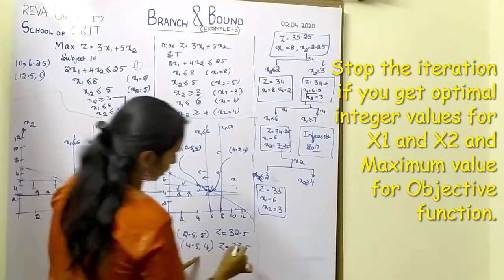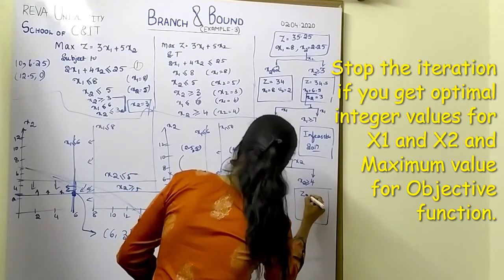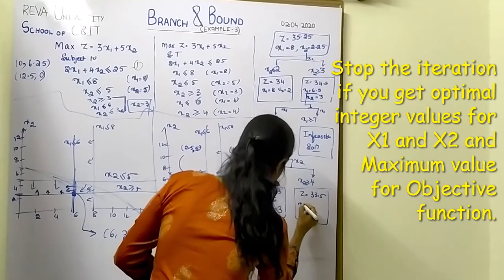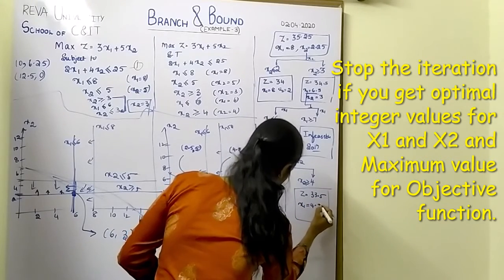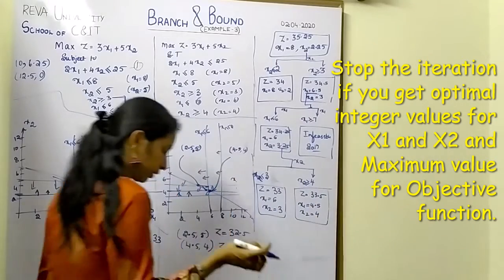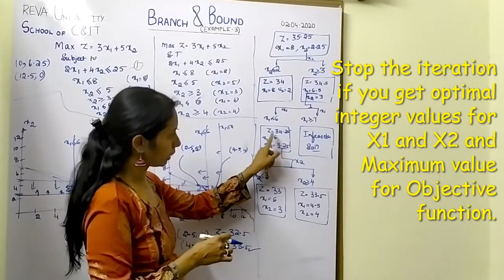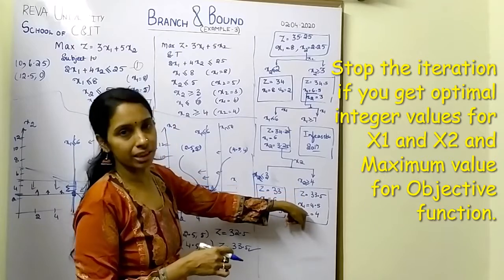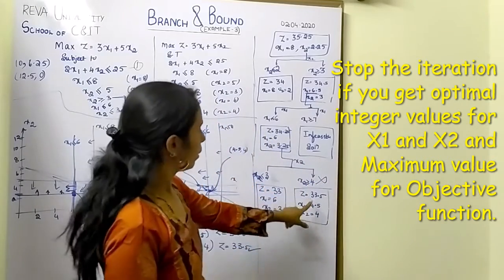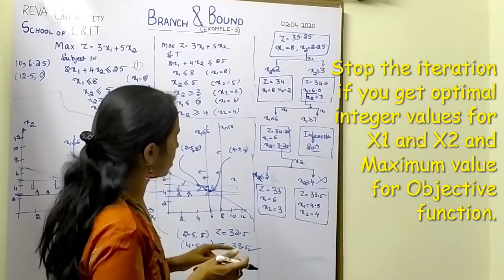If I consider this, maximum among this is this, so z is equal to 33.5 and x1 is equal to 4.5, x2 is equal to 4. So here no need to further continue the iteration, because if you compare to here, your objective function is decreasing. So we won't be considering this. Further we will not proceed towards this path because objective functions are decreasing in this direction.